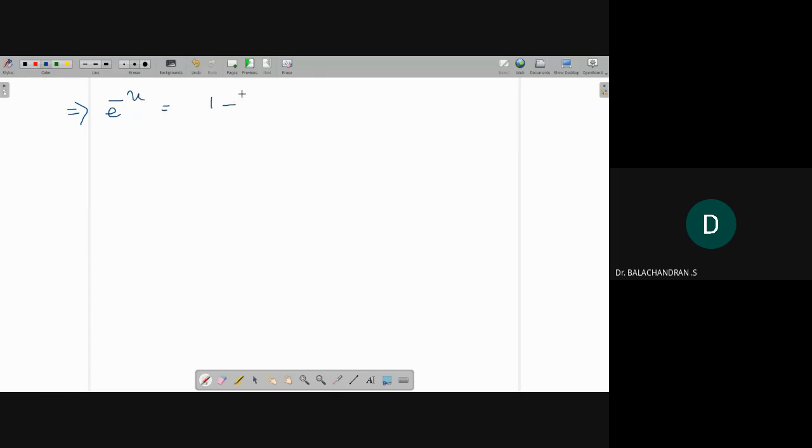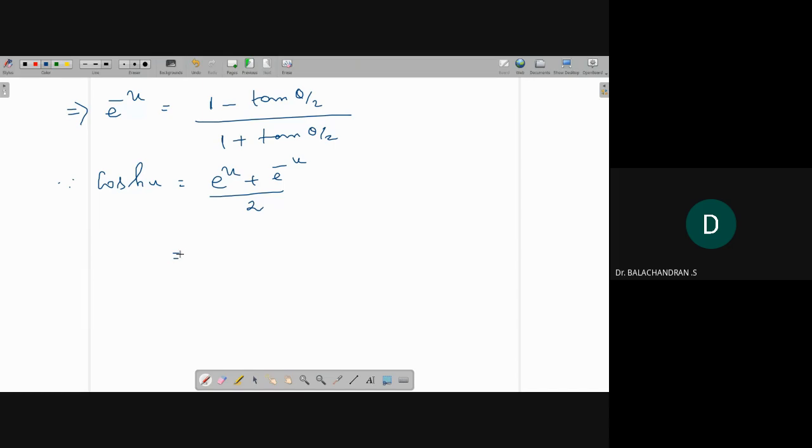Now we know that cosh u equals e power u plus e power minus u divided by 2.